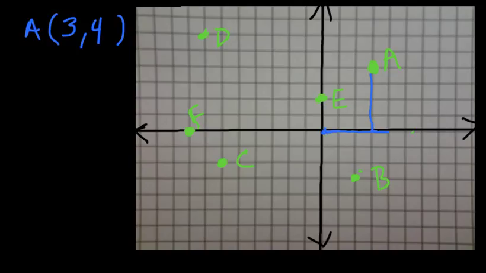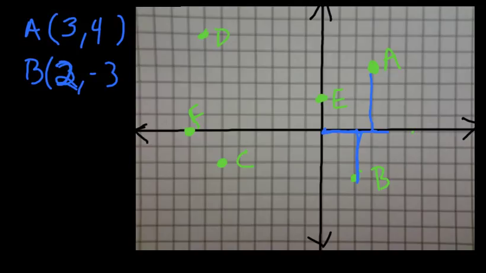Go over 2 and down 3. Down is negative. So point B would be (2, negative 3). We only went over 2. Graphing is very precise. You have to be very careful that you're counting correctly and getting on the right lines.